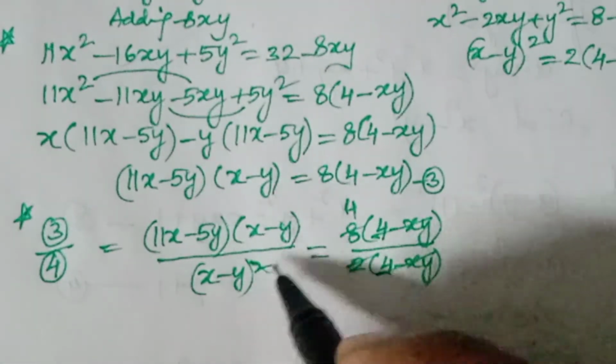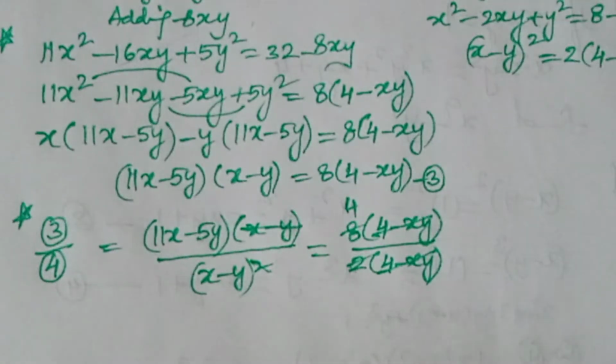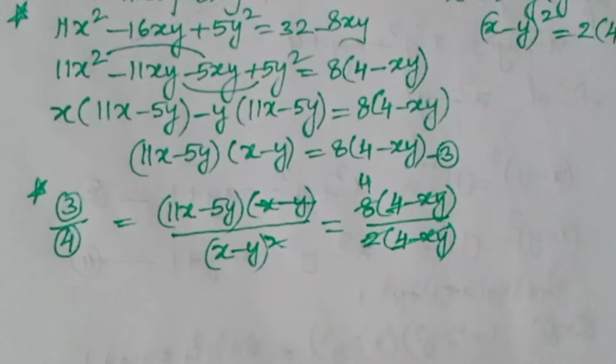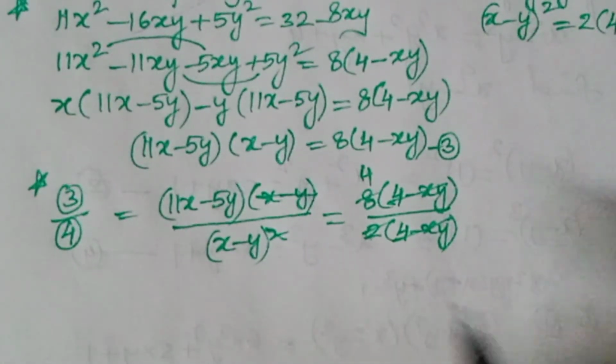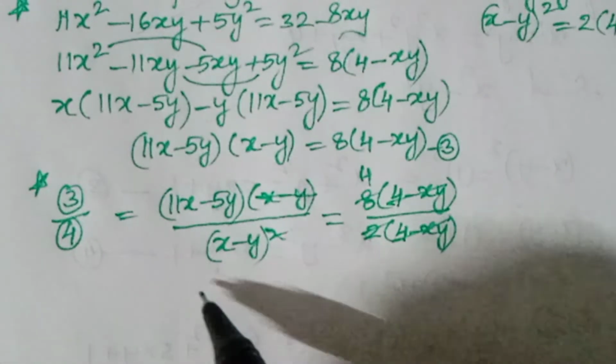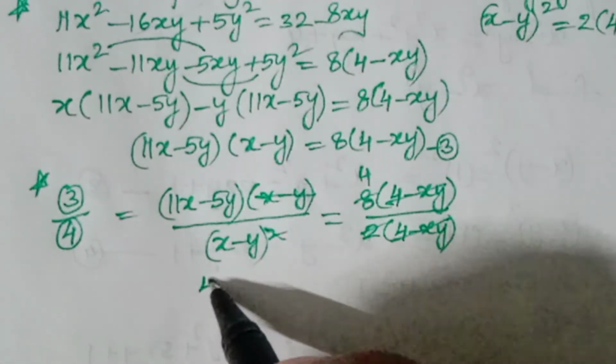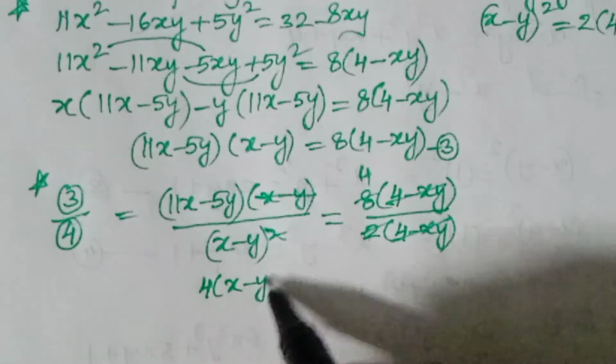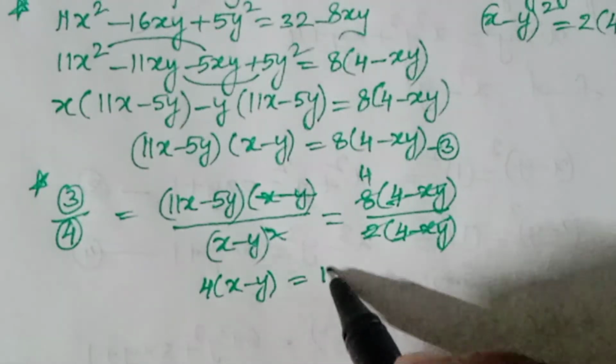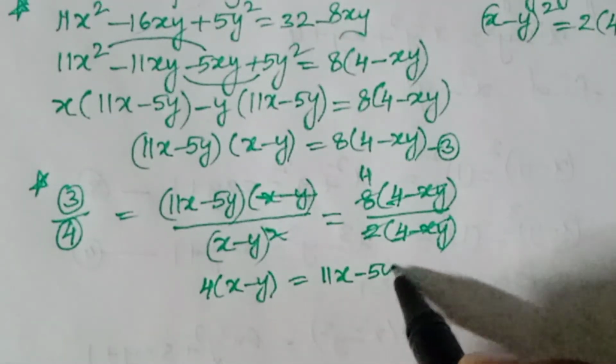So here, x minus y whole square, x minus y gets cancelled. So what will we get here? If you cross multiply, 4 into x minus y is equal to 11x minus 5y.